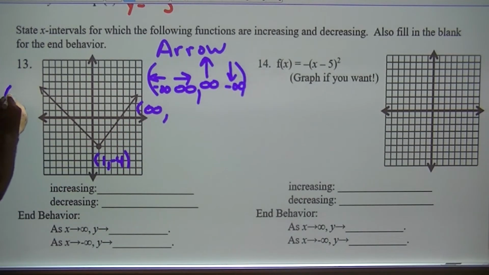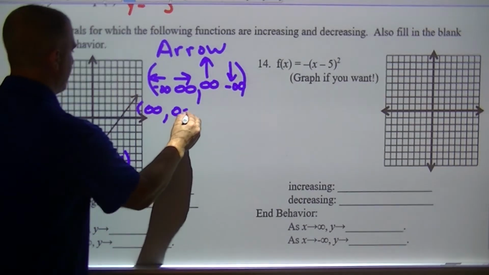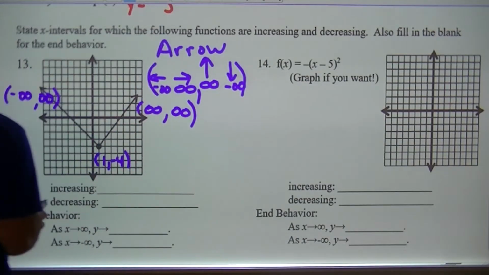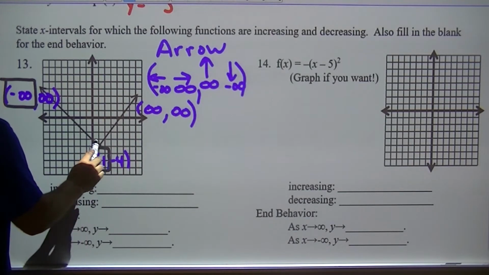This is a left arrow. So negative infinity, positive. Now this arrow is pointing up, so it's positive. So when we are doing increasing, decreasing, all we care about are these x coordinates.